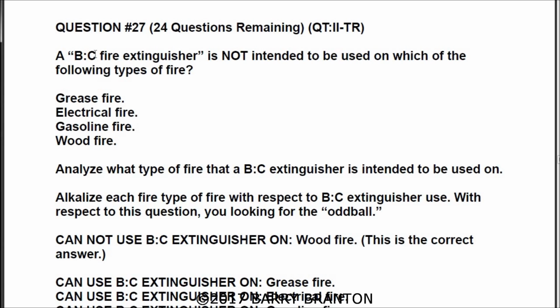A B and C fire extinguisher can be used on grease fire, electrical fire, and gasoline fire. So what you need to do is acquaint yourself with the different types of fire extinguishers. Now, analyze what type of fire a BC extinguisher is intended to be used on.